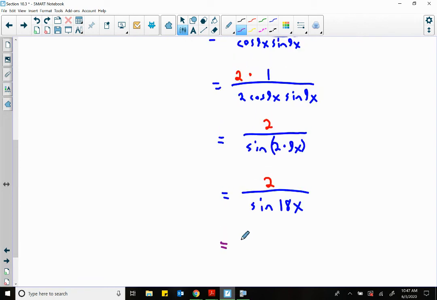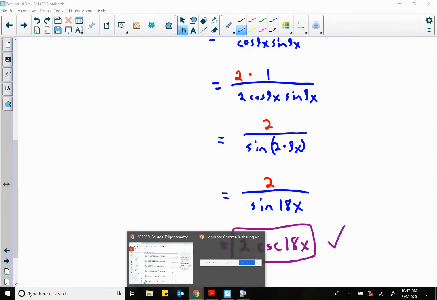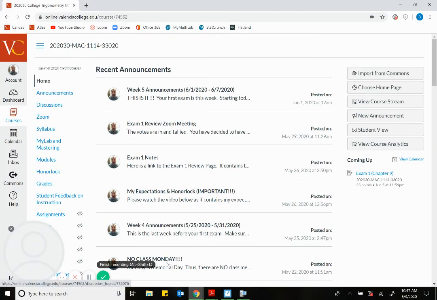This put the 2 in the numerator, and then this gave me the double angle of sine in the denominator, which is the reciprocal of cosecant. And there it is verified. Okay? Don't forget multiplying by 1. Multiplying by 1 is a pretty big deal for us. Okay? And that is section 10.3. Yay!